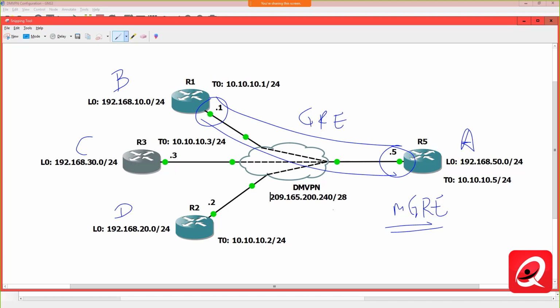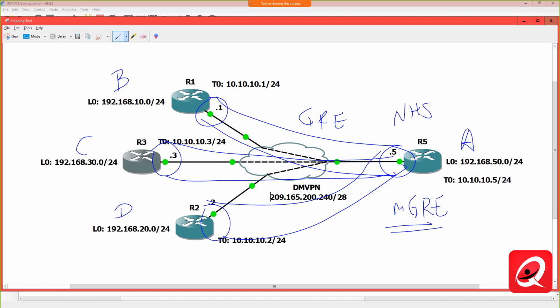So we're actually going to create these multipoint interfaces, all GRE, going up to the hub. All right. So this again is my next hop server, and those guys over there are my next hop clients. As far as what I'm running on the underlay network, it could be static routing, it could be BGP routing, it could be some other routing domain, right?